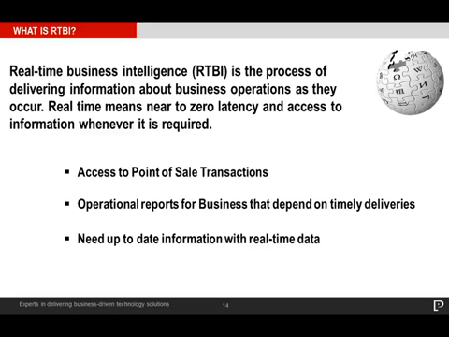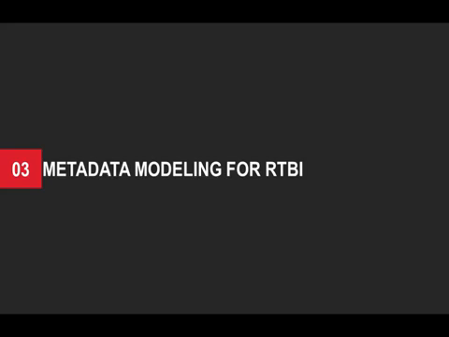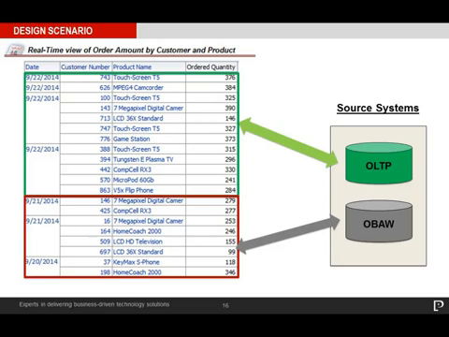They are used to the real-time reporting, and they expect the same behavior from a BI tool like BI applications. So now let's talk about, if you own BI applications, what are the metadata modeling steps that can actually be taken to fulfill those real-time reporting requirements.